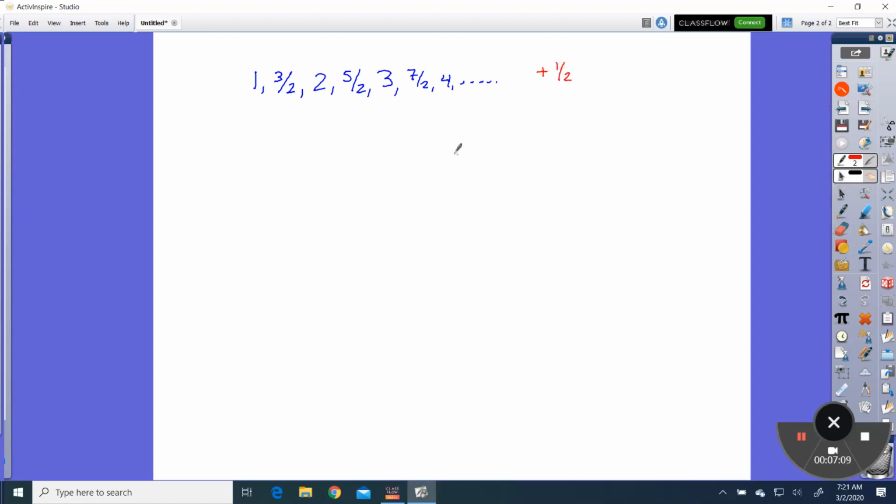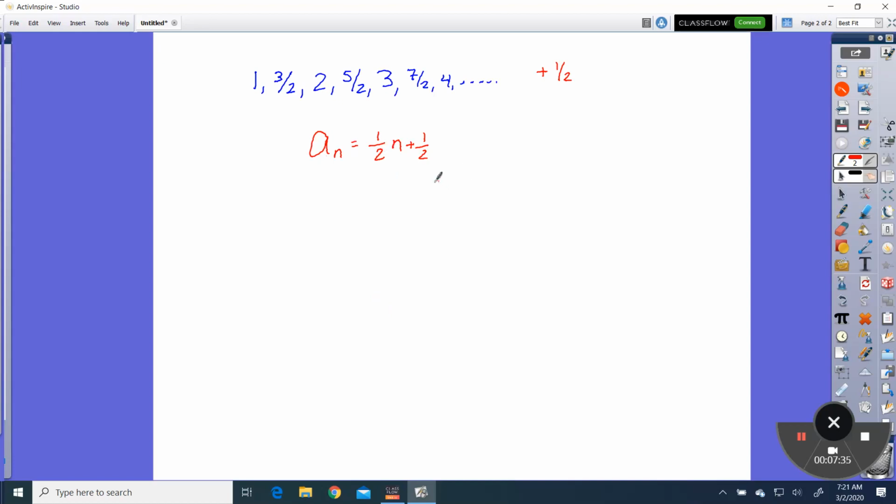Okay. So if you were to come up with a formula for this one, here's the easy way of this one. And eventually you're going to learn how to do this. That's that formula. That's that equation.